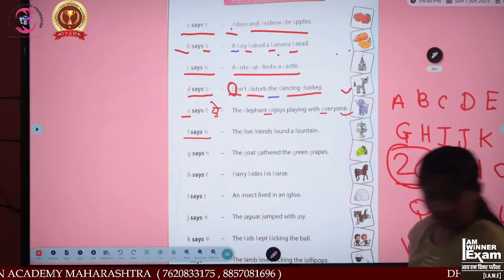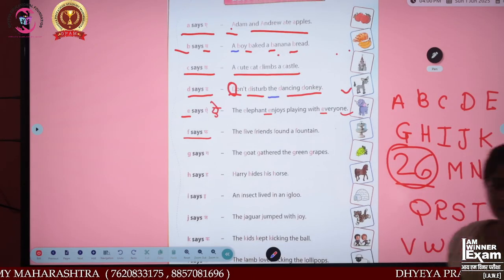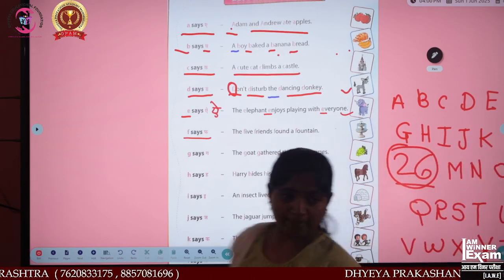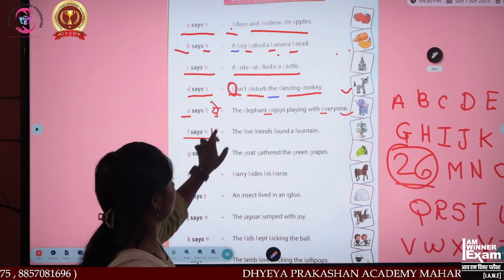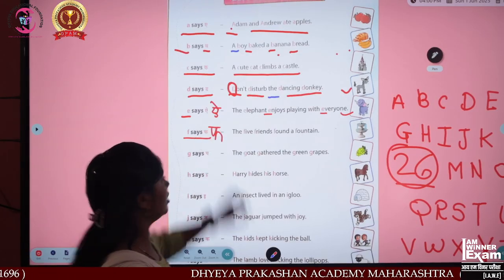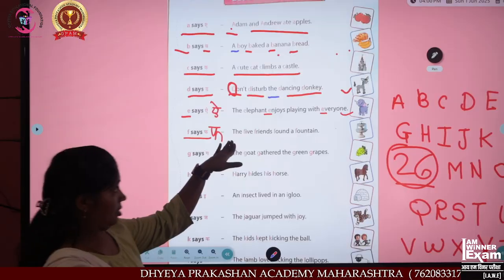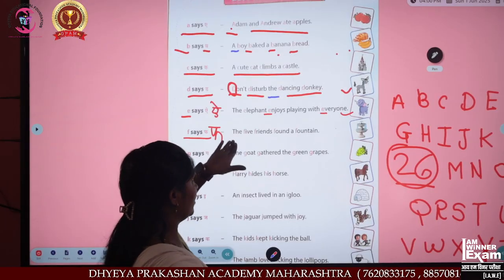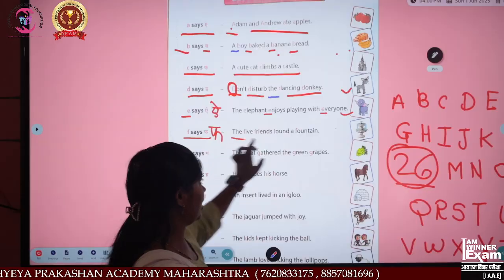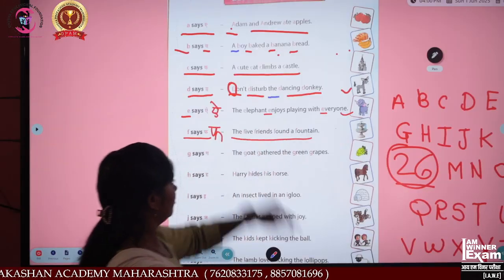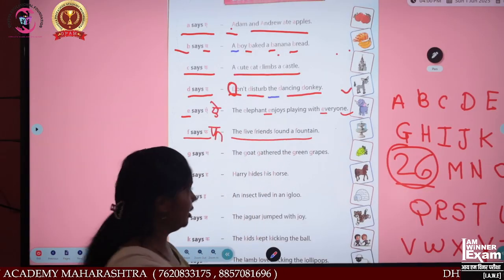Next, F says F. Sentence: the five friends found a fountain.